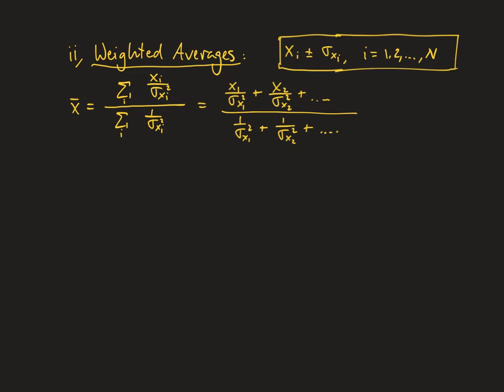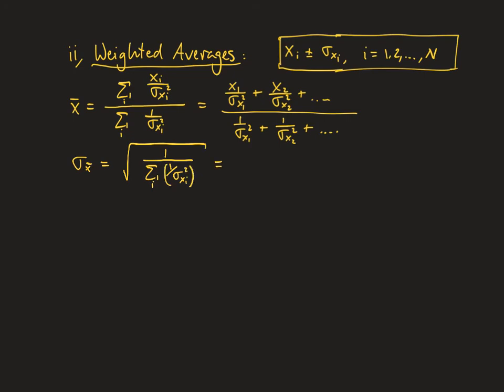Okay, let's take a look at the uncertainty itself now. So we have an expression for the uncertainty in the average, and that's going to be the square root of 1 over the sum of 1 over sigma x_i squared.